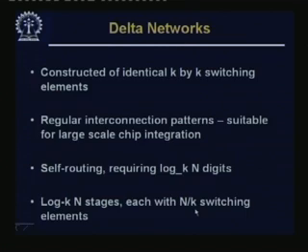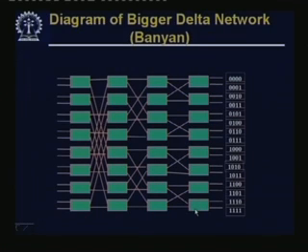All right. So, this is the picture that we had seen earlier. This is the diagram of a bigger delta network, maybe with 16 input lines and 16 output lines. As you can see, this is a 4 stage switch, because for 16 lines, in order to code them you will require 4 bits, from 0000 up to 1111.